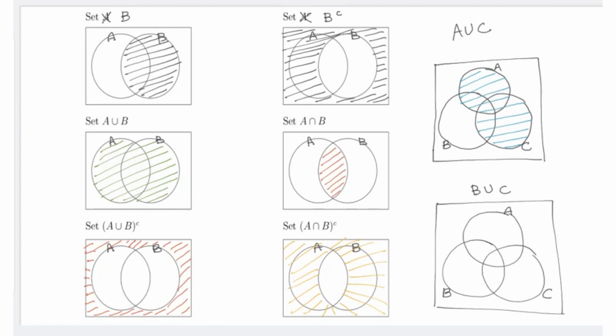So we circle all B and all C. It's not complement, I'm asking you to find the union.